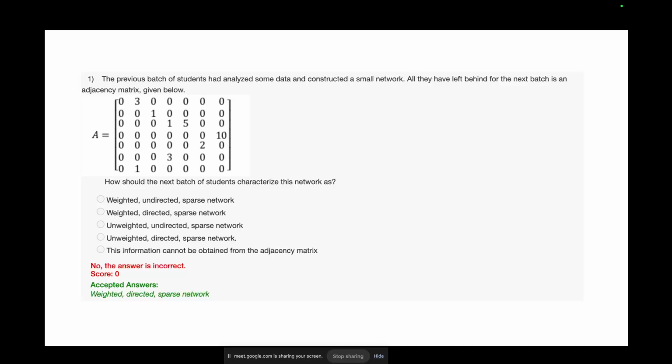Weighted is fine because we have 3 and 5 as edge weights, 2, 10, those are fine. But I cannot see a negative element here, so I'm not sure about directed. Sparse is fine as well because most of the connections are not there. But I'm not completely sure about the directed part.